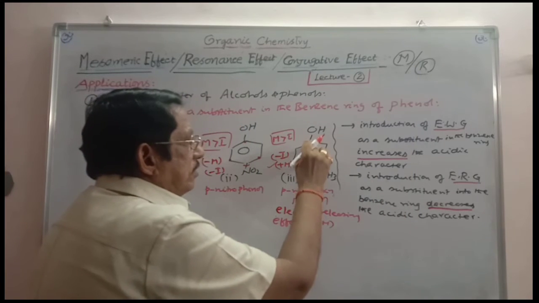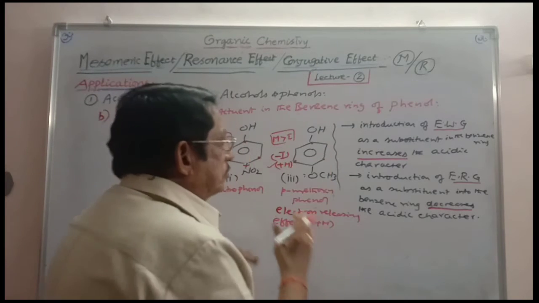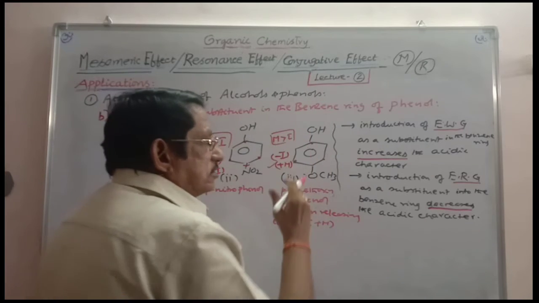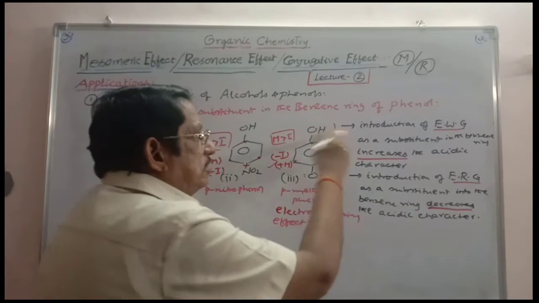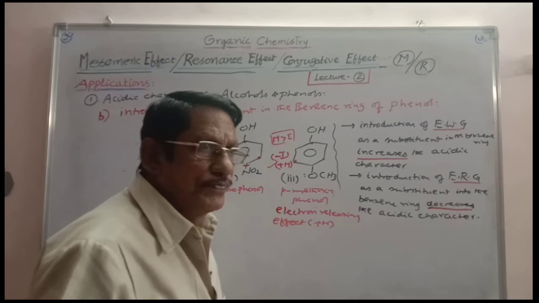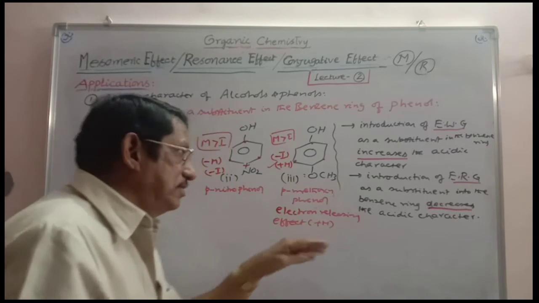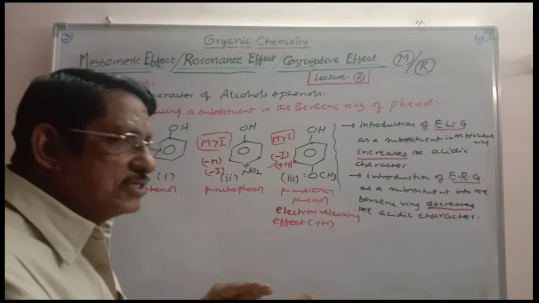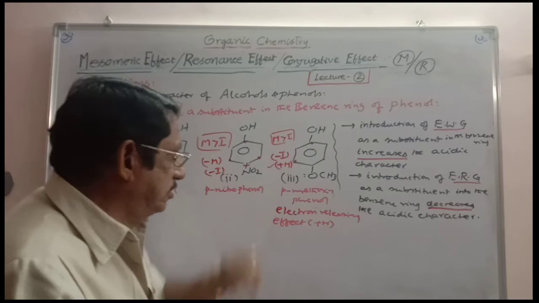When the carbon carrying the OH group is having minus charge, the minus charge will be shifted towards O, and so at the oxygen the electron density is increased, the OH bond strength is increased, release of proton becomes difficult. As a result of which the acidic character is decreased. Even it is less than phenol, because phenol is not having such an electron releasing group, and so phenol seems to be more acidic than paramethoxyphenol.